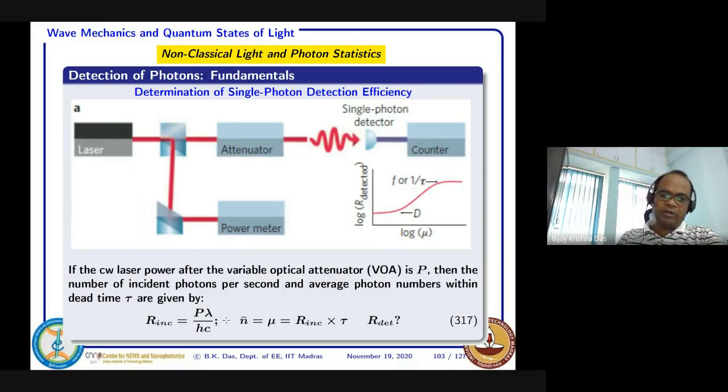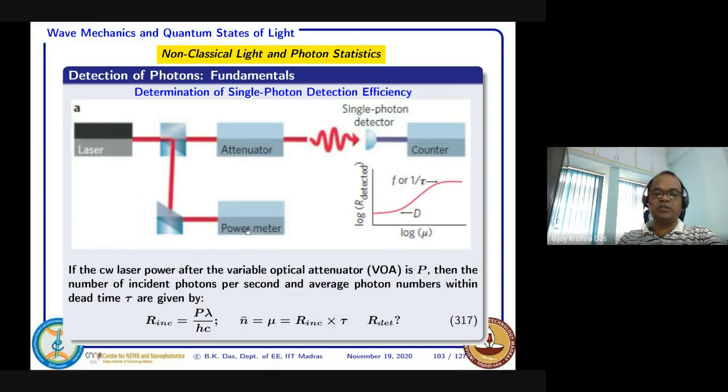And then for a given time instant, some tau, the sampling time, which can be the dead time of the photodetector, the number of photons in this experimental setup is considered as mu, as n bar. Whatever is incident, you multiply by the time it is coming, so that can be considered as the average number. So this P you can directly calculate from here.